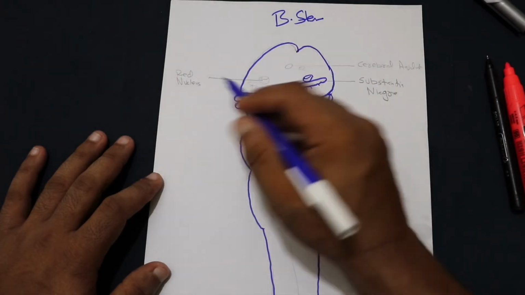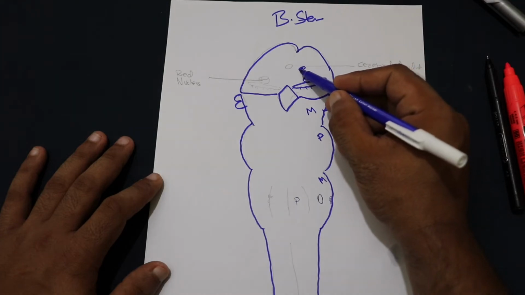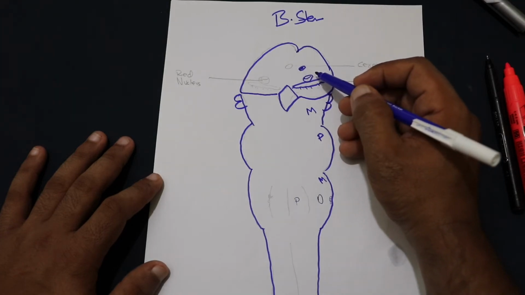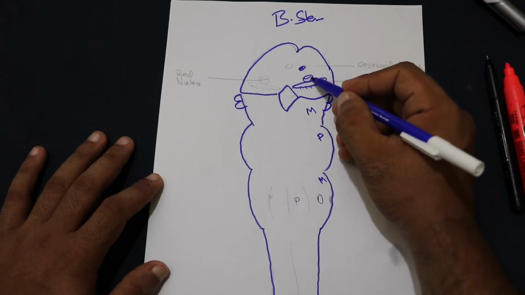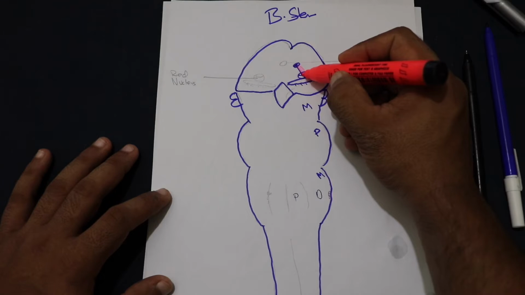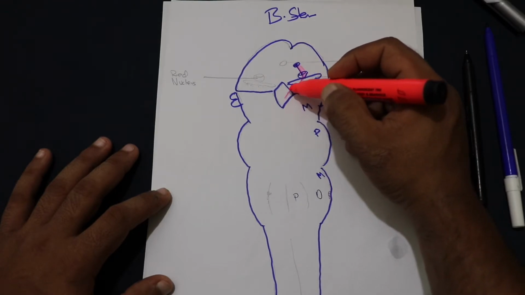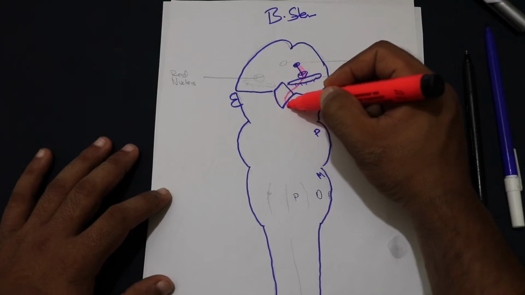If I take a section at the superior colliculus, remember, the nerve arises anteriorly and moves downward, exits from this fossa called the interpeduncular fossa, and moves anteriorly, right?